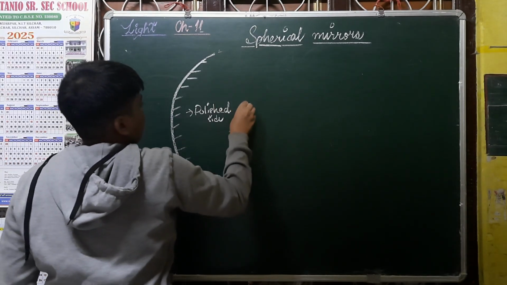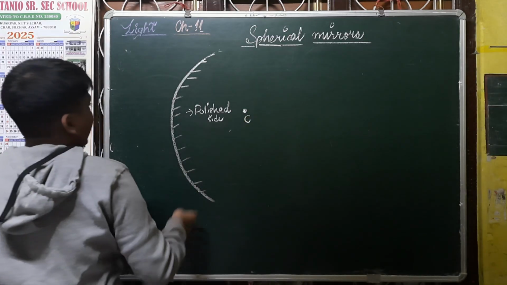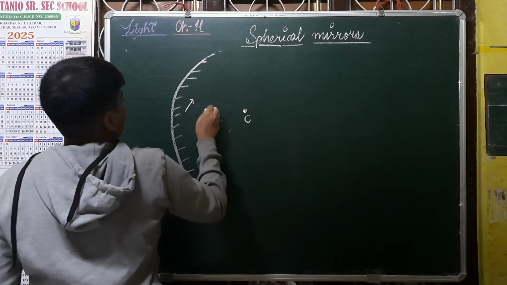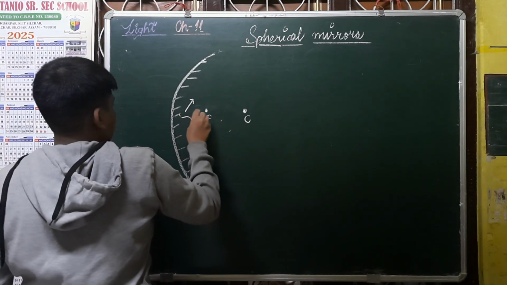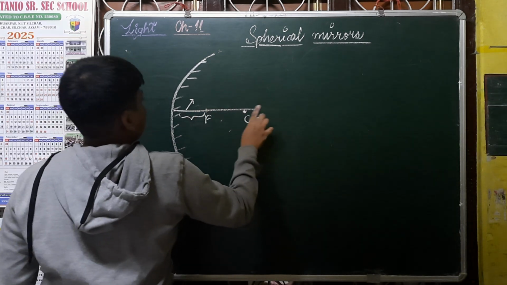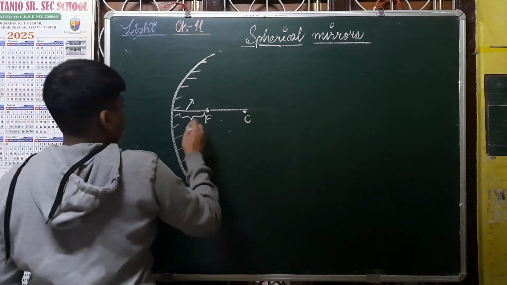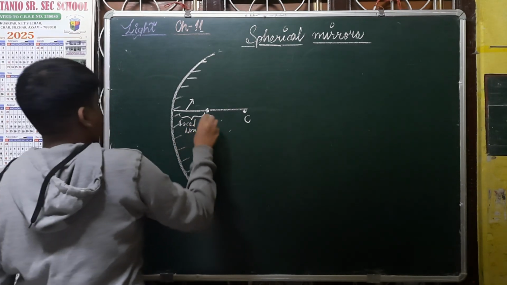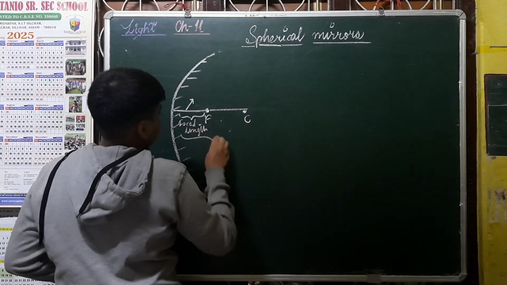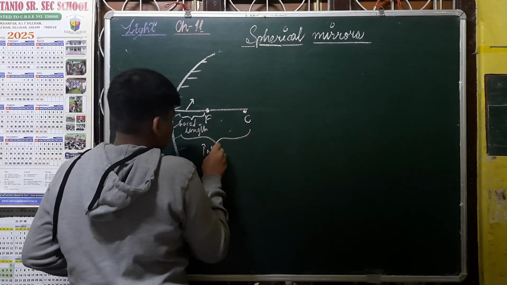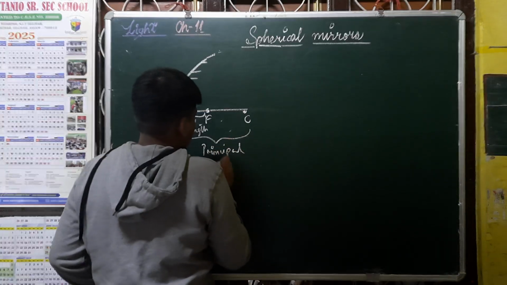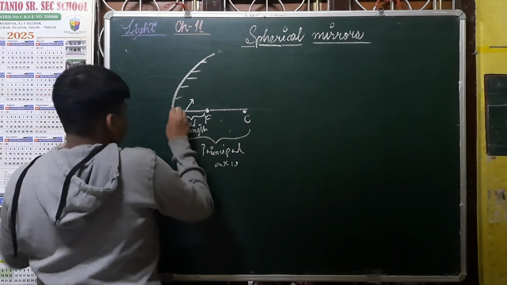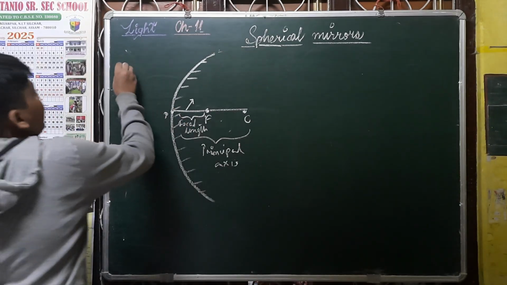Center of curvature, focus, focal length, principal axis, or the radius of curvature, and here will be the pole.